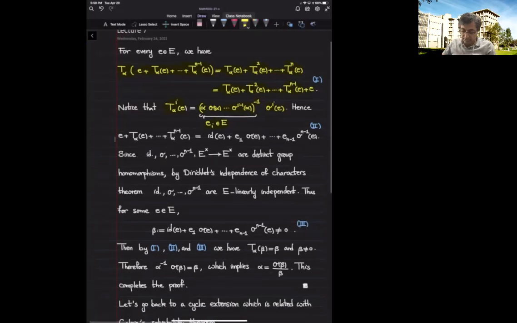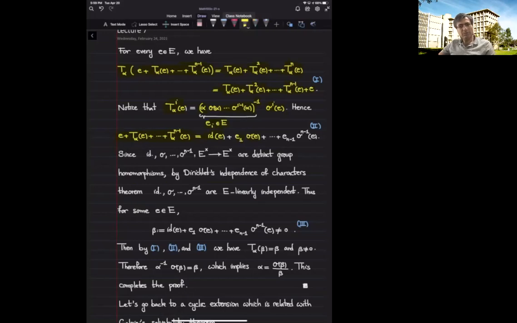So this summation of E and T sub alpha applied to E is the following linear combination of powers of sigma. Identity applied to E. Then T sub alpha is E1 sigma of alpha. T sub alpha squared is E sub 2 times sigma squared.